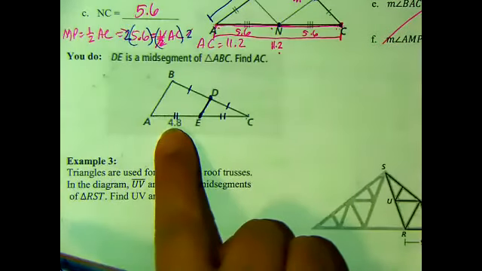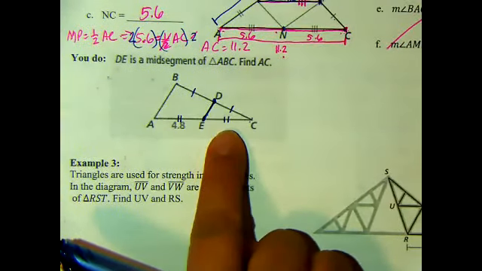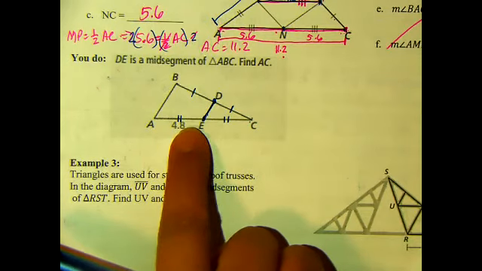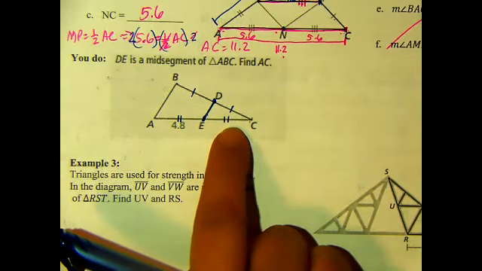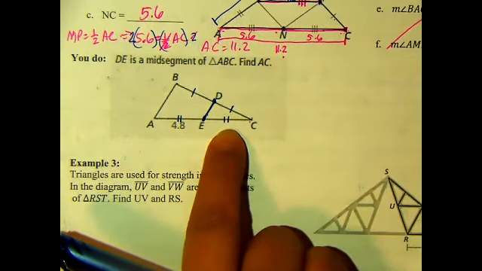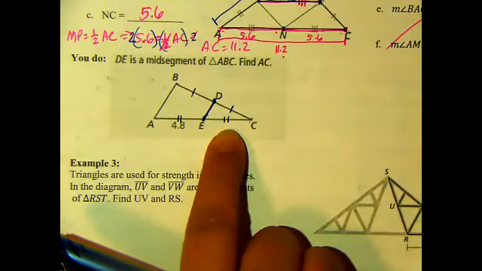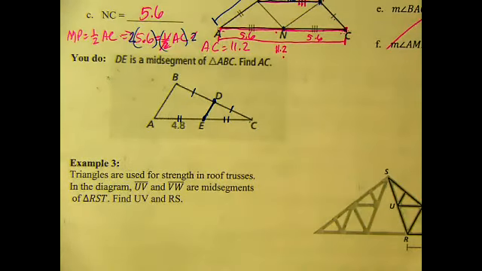So if AE is 4.8, what is the measure of EC? If AE is 4.8 and it's congruent to EC, what is the length? I want to hear from someone I haven't heard from all day. They are congruent, that means identical. Joshua, what does that mean?